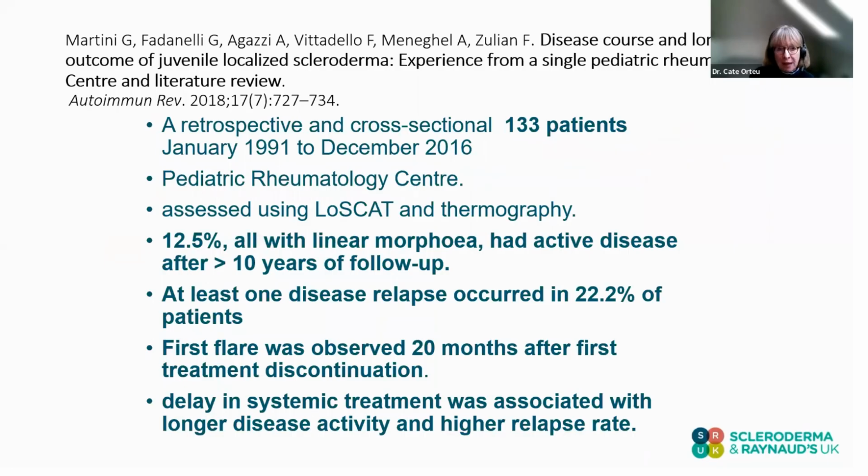And what are the outcomes? Well, we know that a significant number of patients with morphea, particularly linear morphea and onset in childhood, have either chronically active or relapsing remitting disease. And that can be whether or not they have been treated. So even post-treatment, there is a risk of relapse.